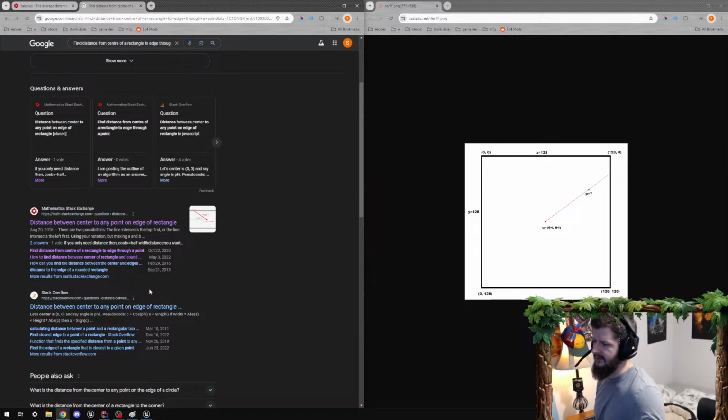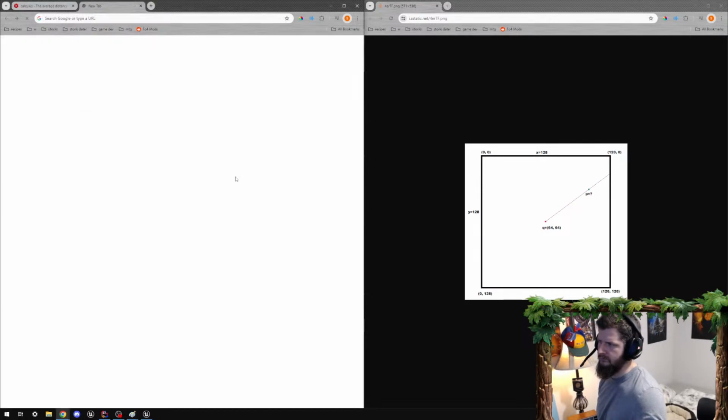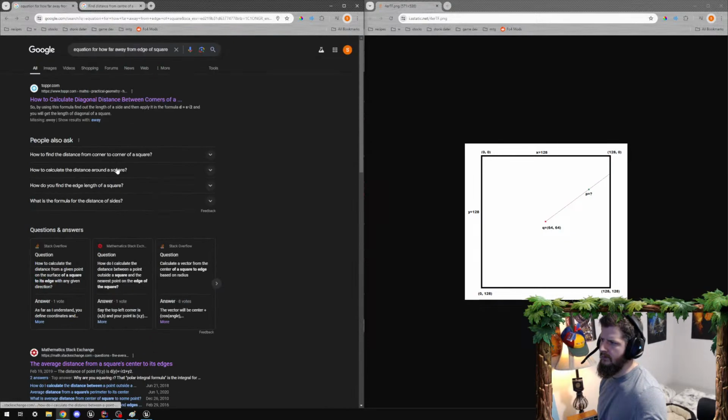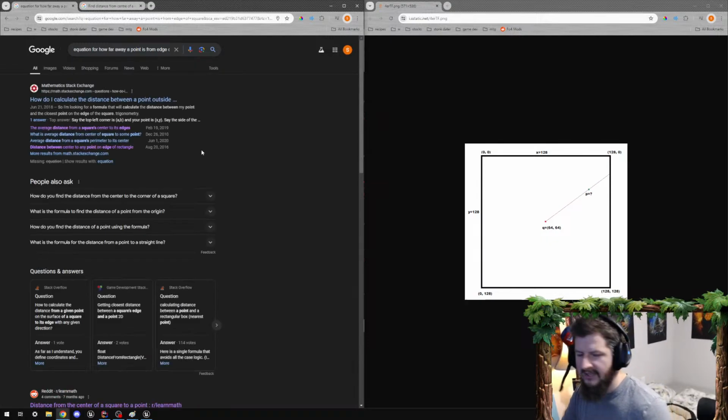Because really, if I just get distance to... Nah, it wouldn't be distance to closest edge, because that would just be like going directly sideways. What was it? Equation for how far away a point is from... I just want a library with a perfect function called get what my drunk wants.